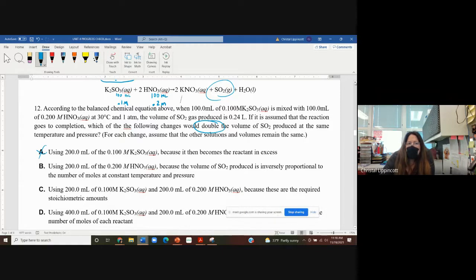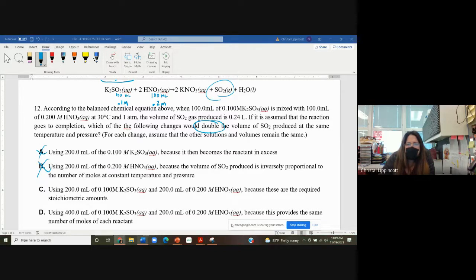Here, I'm going to double this, but the problem is that I haven't touched this one, so now I'm going to run out of this guy first. So I'm getting rid of him. Now they're talking down here about giving me 400 mils of this and 200 mils of this.